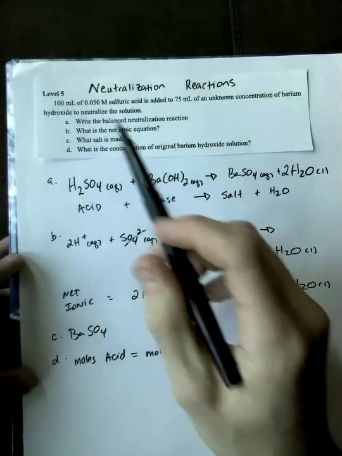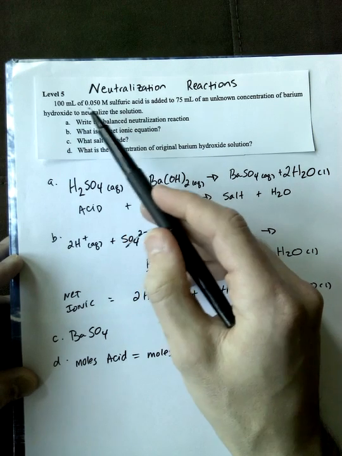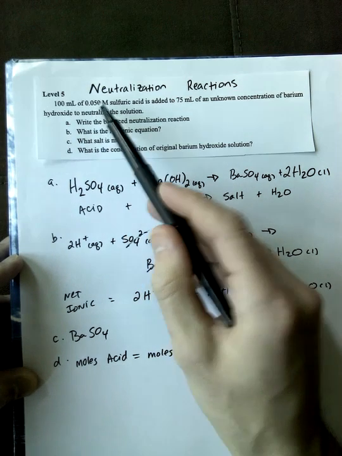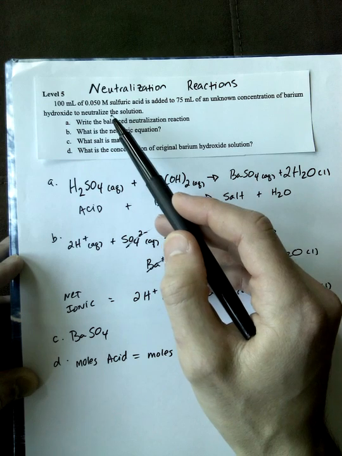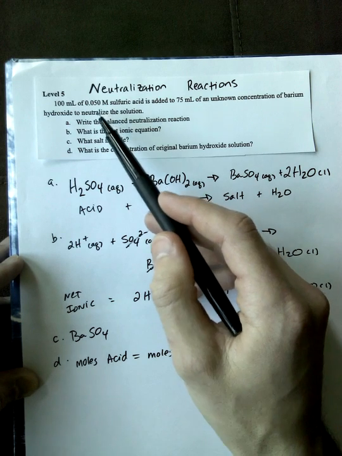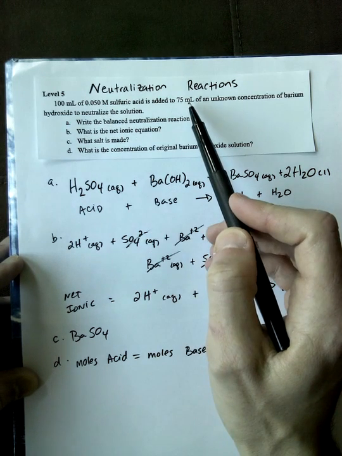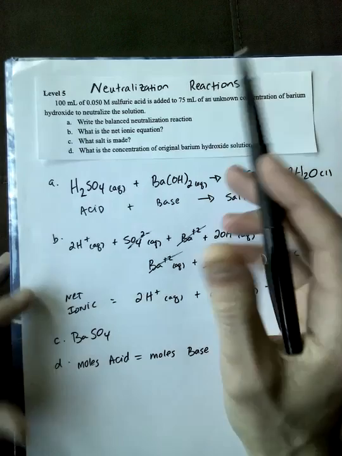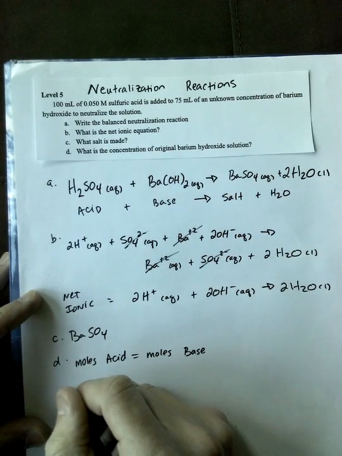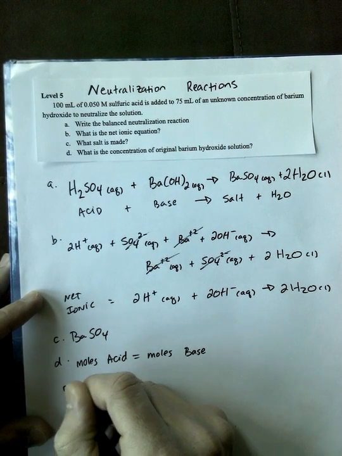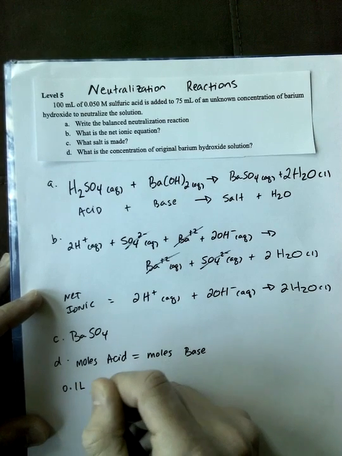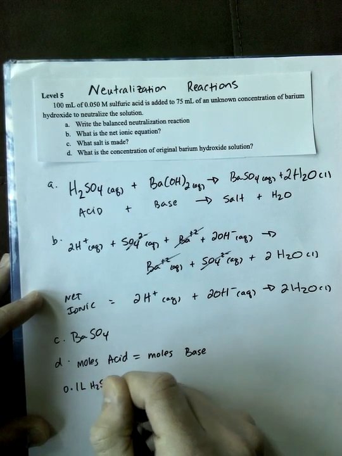Because I have the volume of my acid and the concentration, I can figure out the moles of acid that I use to neutralize the solution, and therefore I will know the moles of base, and I can use that to figure out my concentration since I have the volume. So it's as easy as this. I'm going to change the volume into liters. So 0.1 liters of H2SO4.